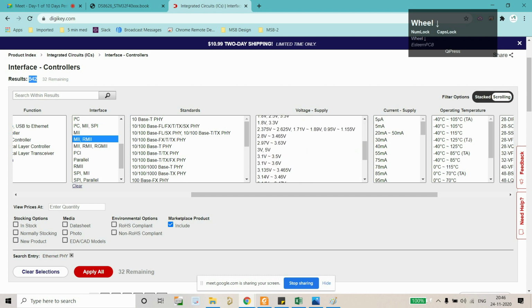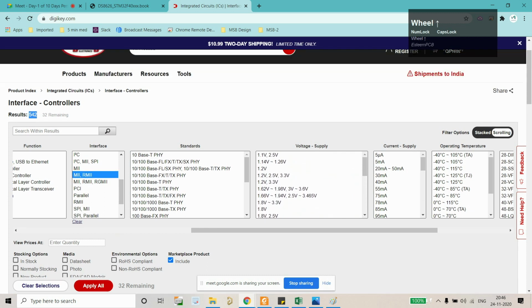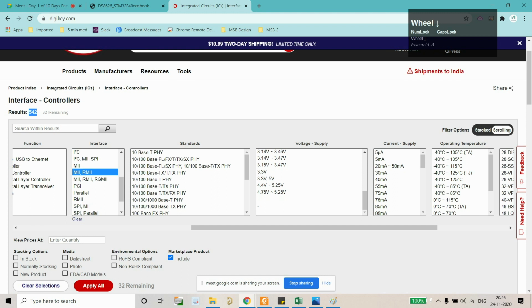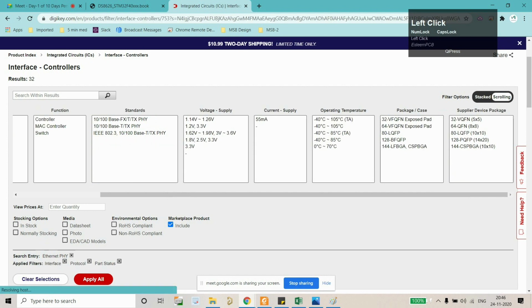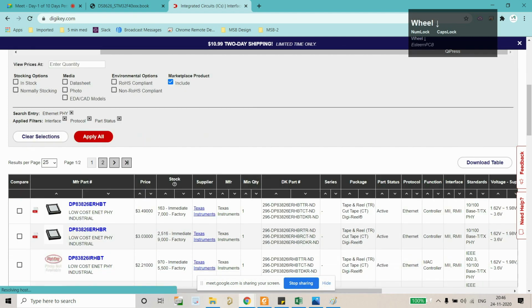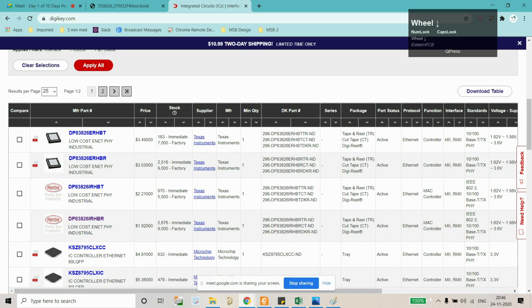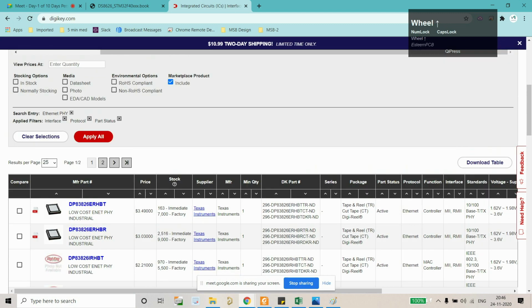So we need something in the range of 0 to 5 volts. Or we will just leave it because we have only 32 results remaining. Out of those, we will select the one which follows our requirement best. Okay, so now we have these 32 results.